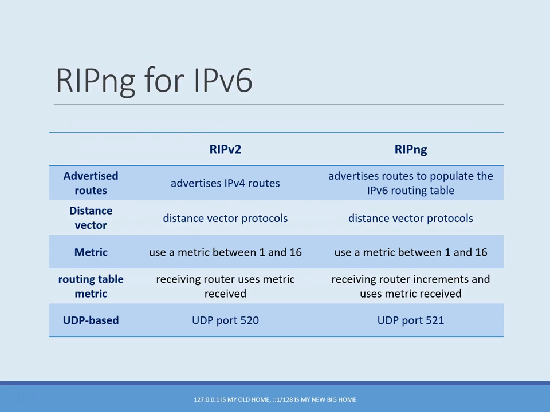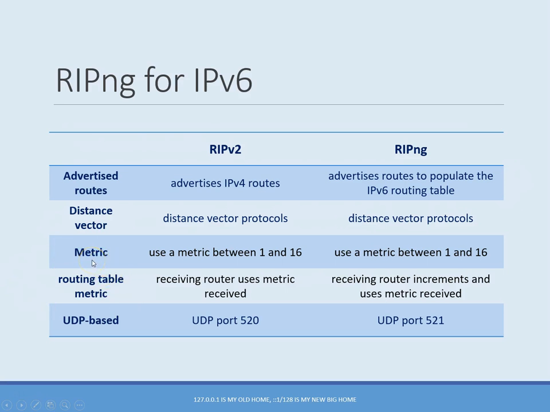In terms of distance vector, RIPv2 and RIPng are both distance vector protocols that apply a special kind of algorithm to do this function, and the algorithm is called Bellman-Ford algorithm.